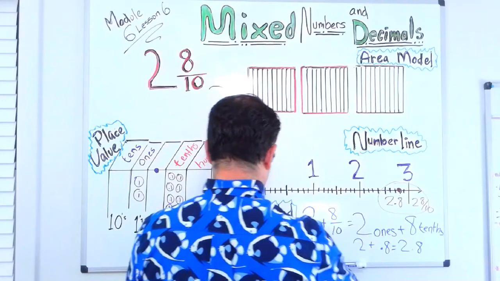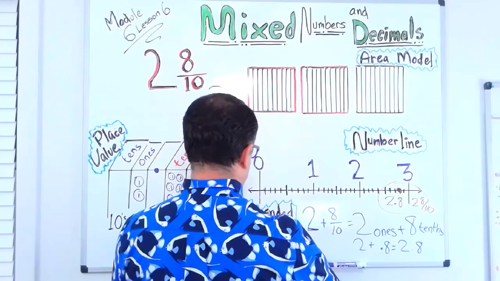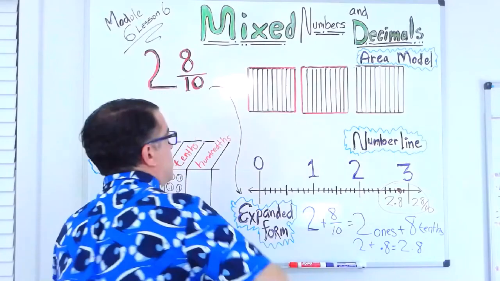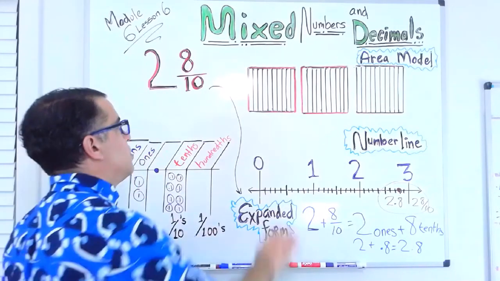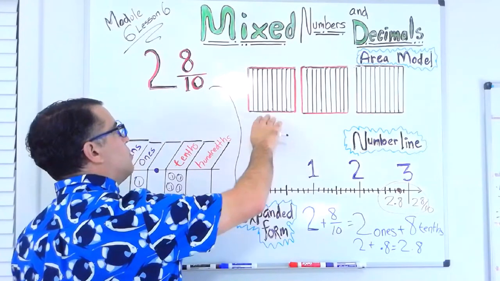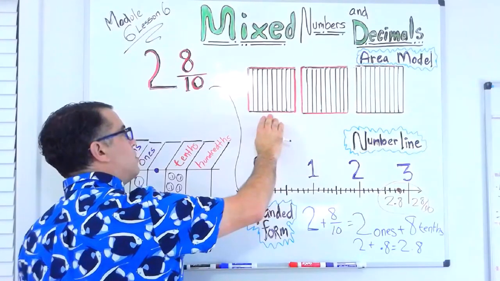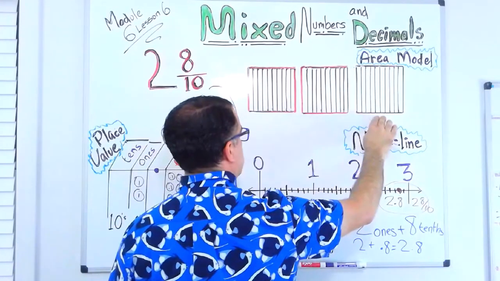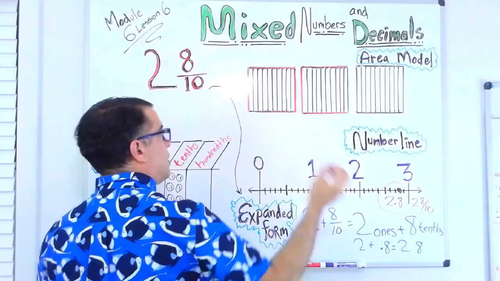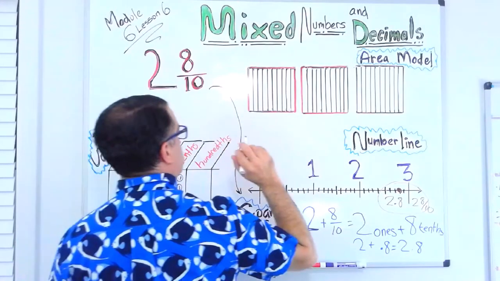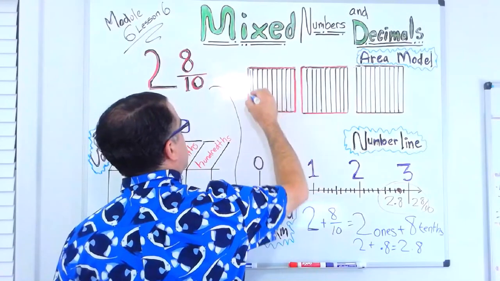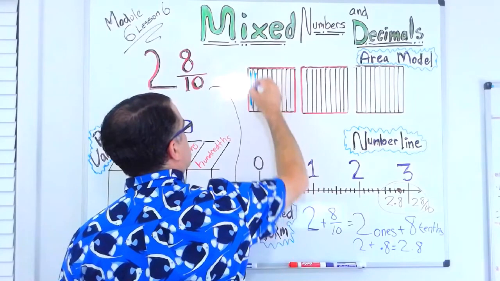Area model. Remember area? Area is length times width. But when we're talking about fractions, we're talking about parts of a whole. So this represents one whole, this is one whole, and this is one whole, if they're all shaded in. So let's represent 1 by shading in one whole number.